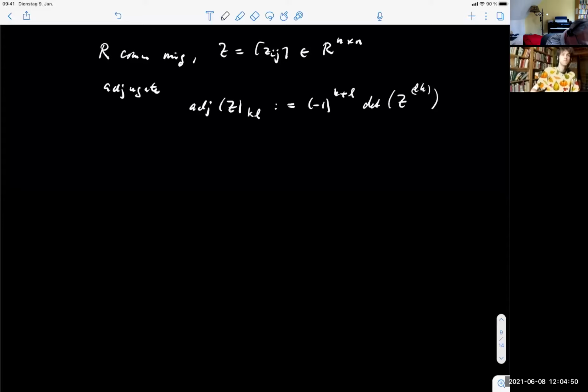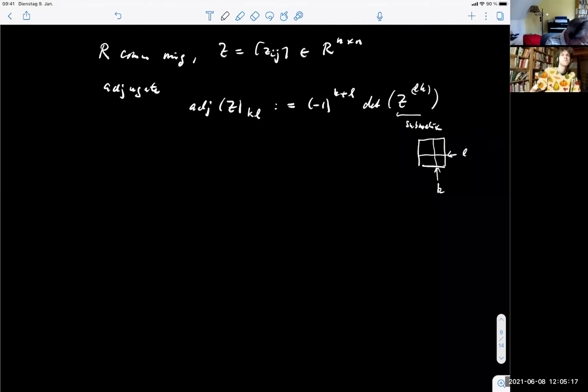And what is this? Maybe I make a picture. If this is my matrix C, I'm going to remove the k-th column and the l-th row. So I get a submatrix, and this is the submatrix here.